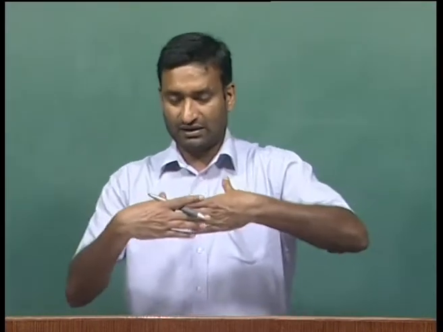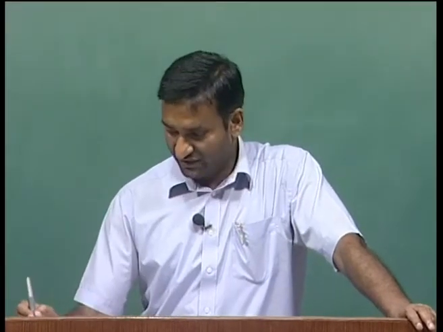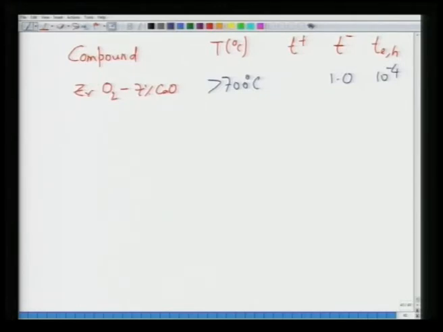Defects are oxygen vacancies, and since vacancies move, which means the oxygen ions also move, that is why it is noted as t minus. Okay. And the electronic transference number is very small, 10 to the -4, negligible.